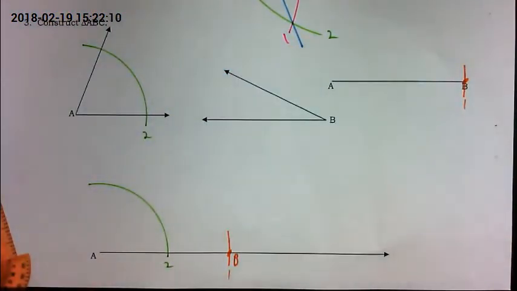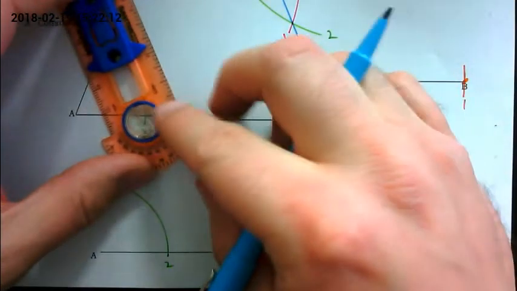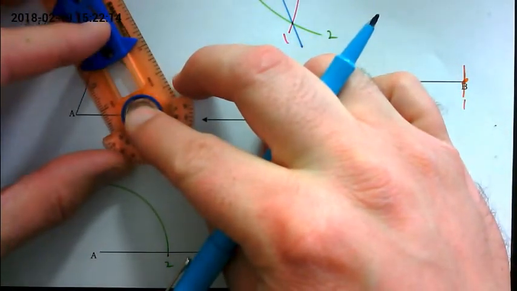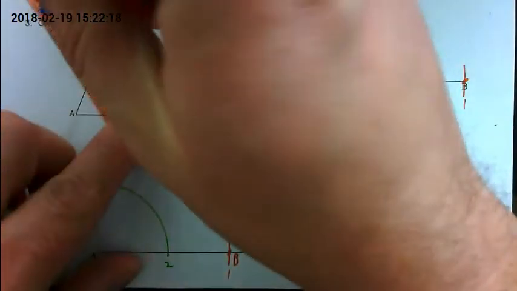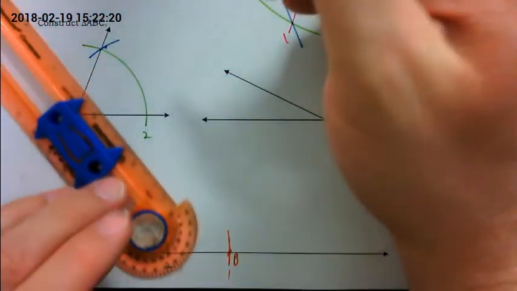Once you have the arc, get the distance here. Same thing here.